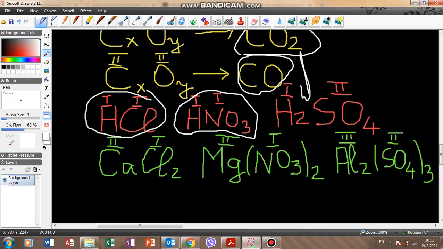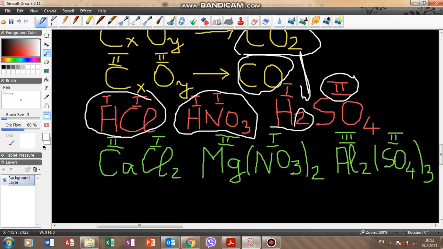In this case, since the formula of sulfuric acid is H2SO4, we have two hydrogen atoms, which means that the valency number of the sulfate anion is also 2.